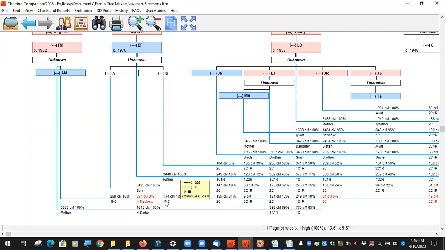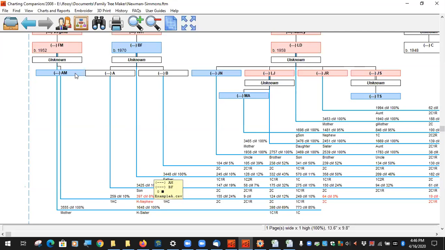kind of like, yes, you get 50% of your DNA from your mom and dad, but that doesn't mean you get 25% from each of your grandparents. So, I mean, I'm thinking that this is still a half nephew.